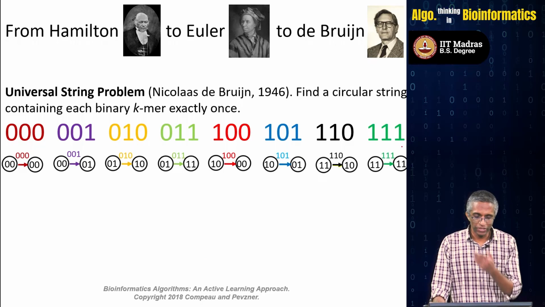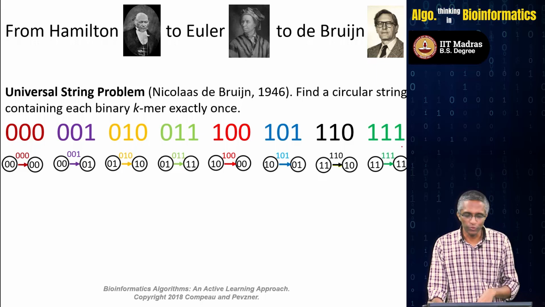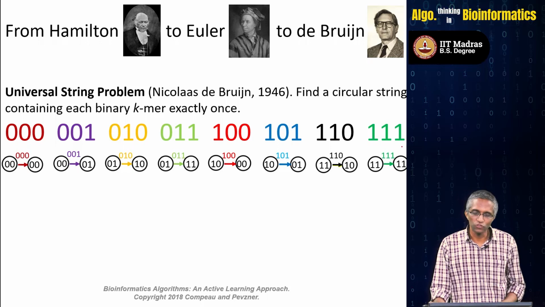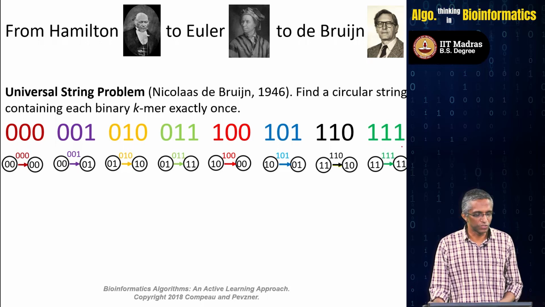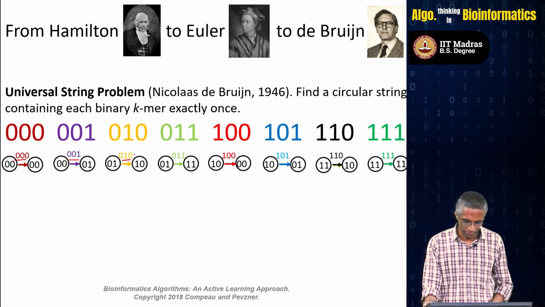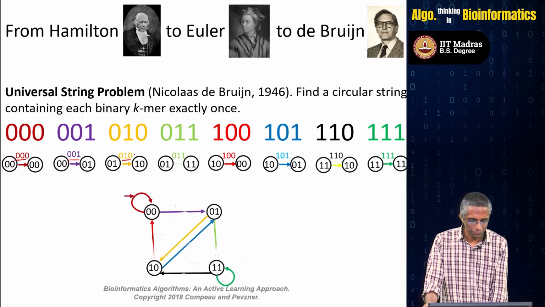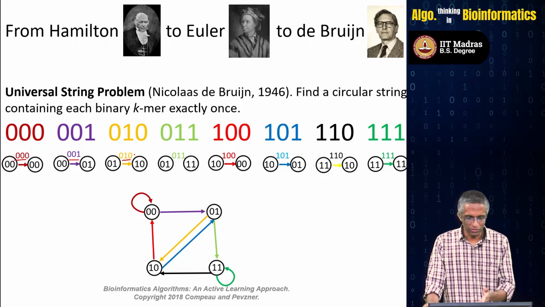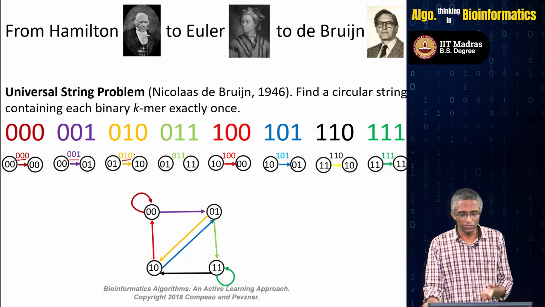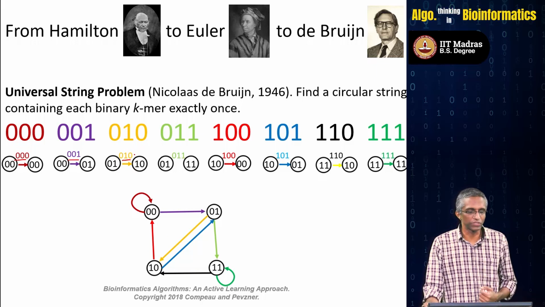The way that you can represent it as a de Bruijn graph is by splitting each of these k-mers into these 2-mers, and then labeling this 0 0 here, 0 0 1 here, and so on. This is how you construct this graph. Any Eulerian path through this graph, or actually an Eulerian cycle, because we are looking for a circular string.